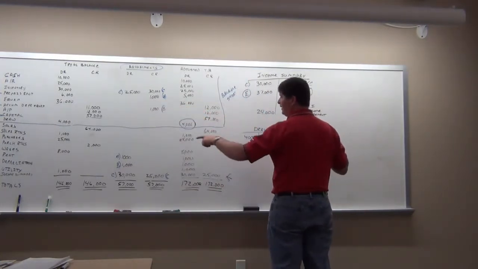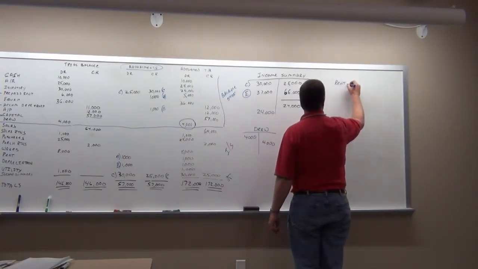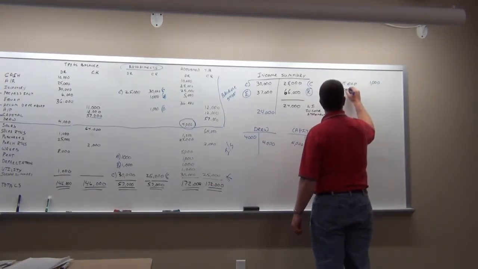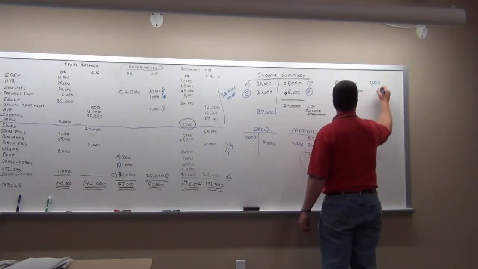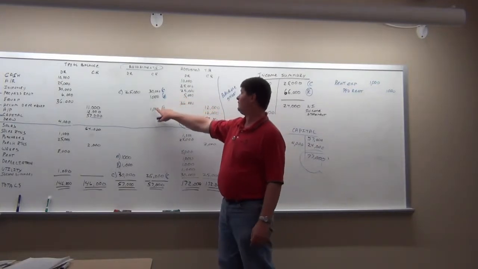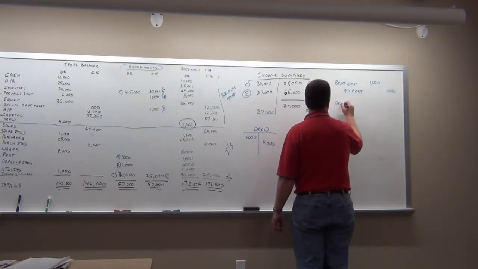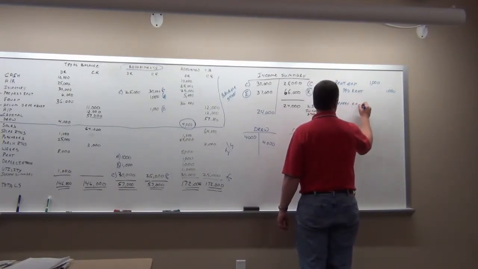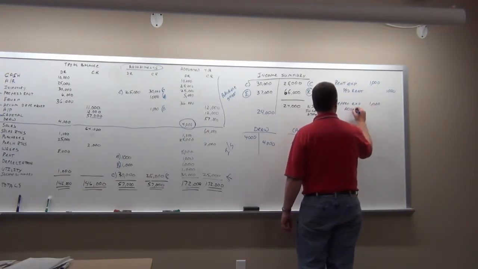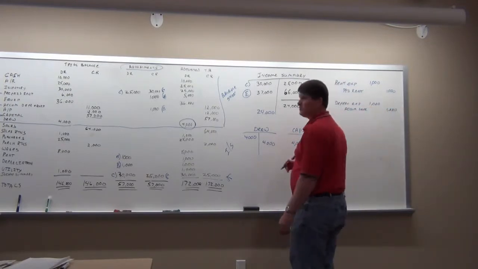You would have rent expense, a debit for $1,000, and then you would credit prepaid rent for $1,000, right? Then you would have depreciation expense, a debit for, I believe it's $1,000, a credit to accumulated depreciation for $1,000. So that's your second entry.